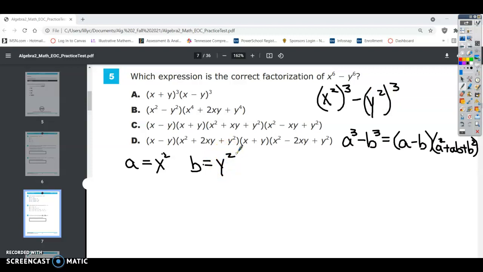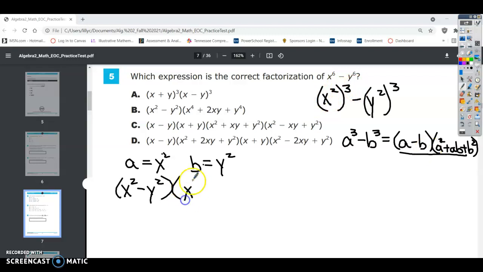Now all we have to do is take the x squared and y squared and plug it into this general formula here. So a minus b. So we're going to have x squared minus y squared. And then we're going to have a squared, so x squared squared.